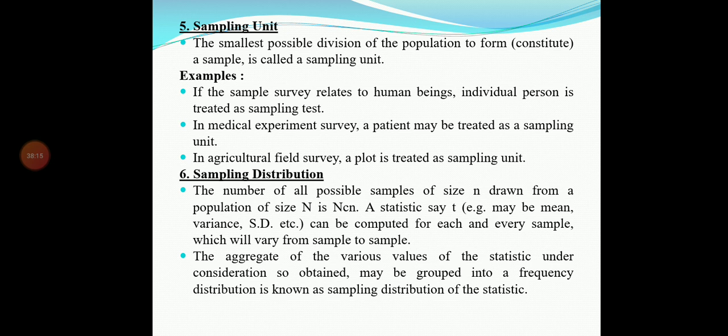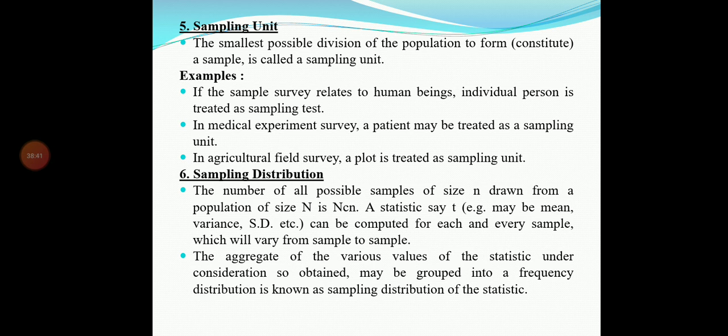For example, in an agricultural experiment, if you consider a particular field, some particular plot of the field, then that particular plot is the smallest division. It is called a sampling unit.